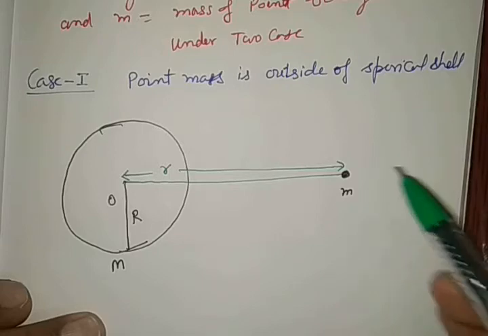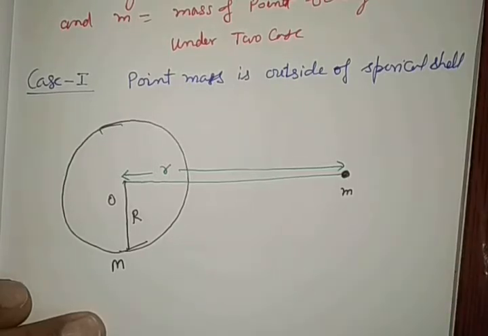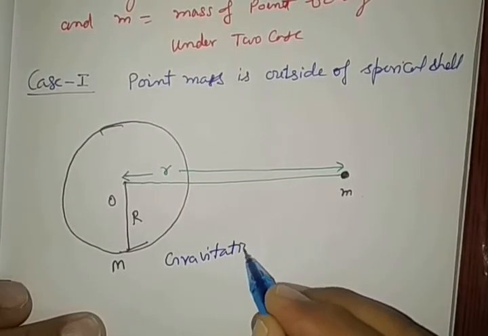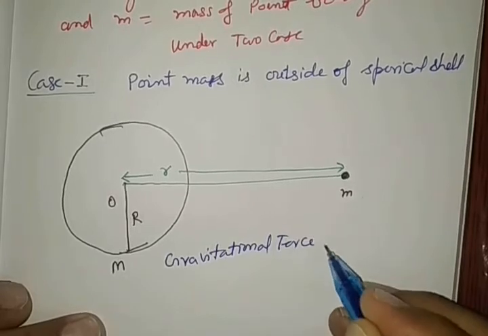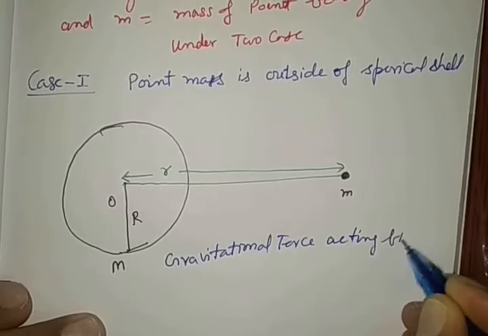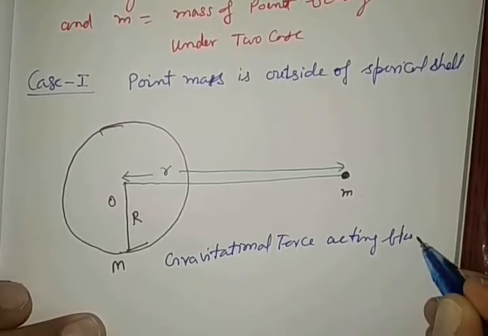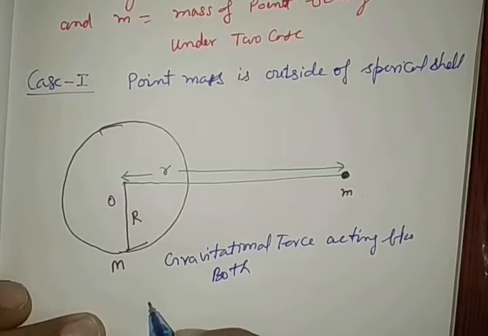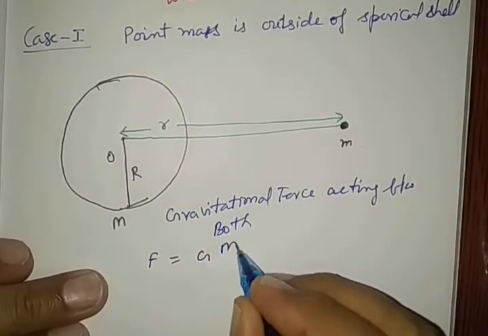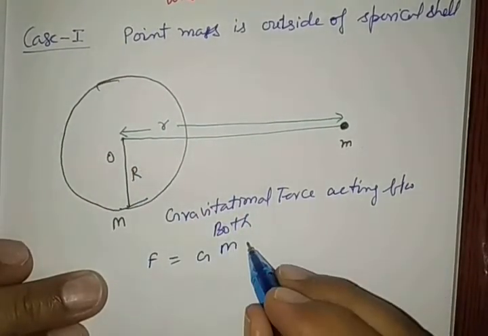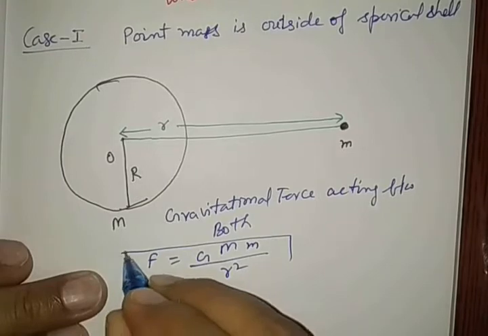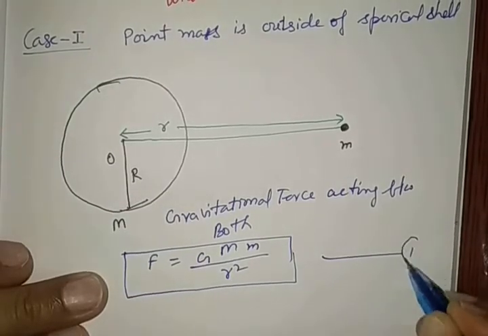In that condition, the gravitational force acting between both is represented by this formula: capital G, mass of the spherical cell capital M into the point mass small m, by r square, and it is represented by equation number 1.